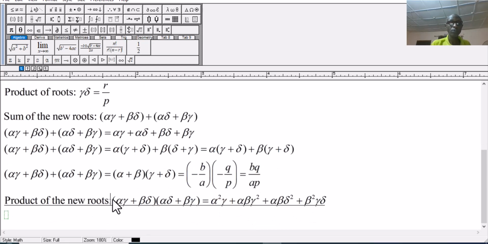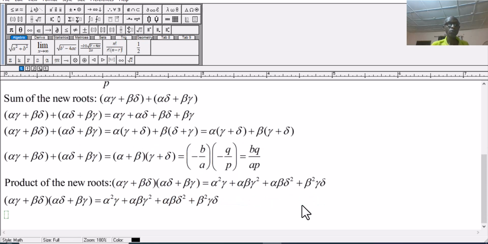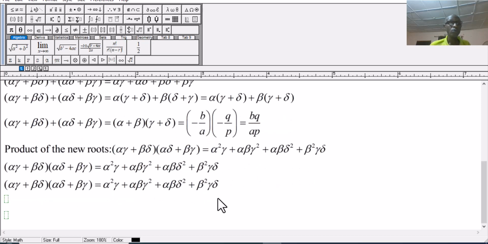Let me copy this to be clearer. I'm going to rearrange them so that you can see what is happening.